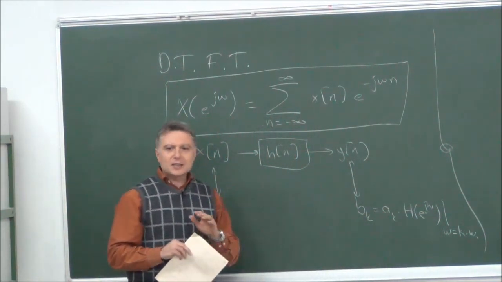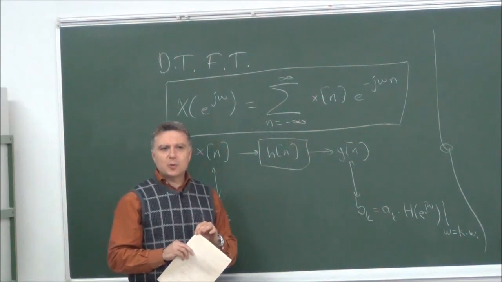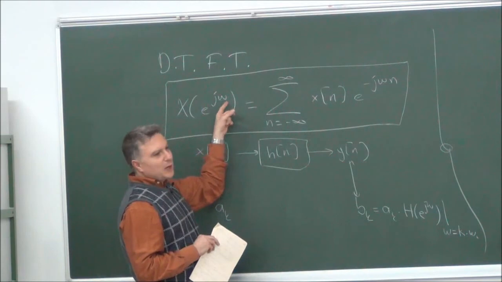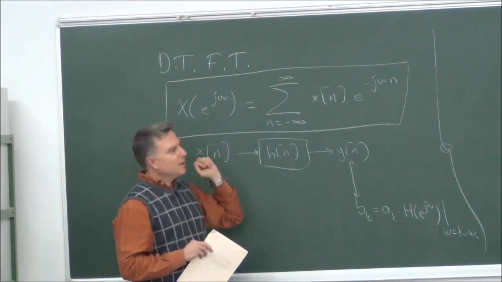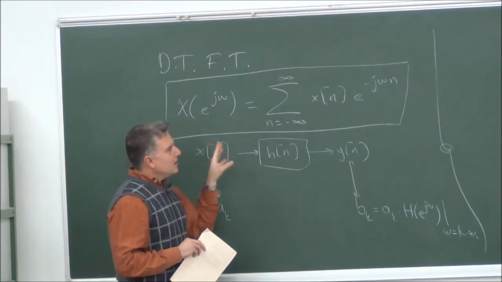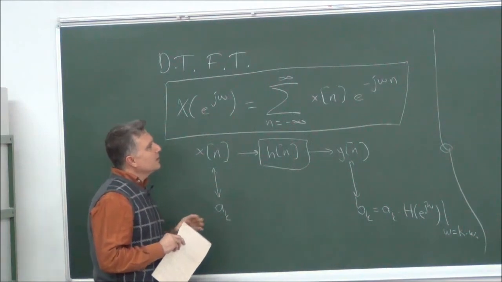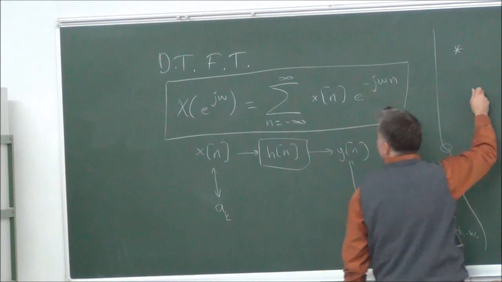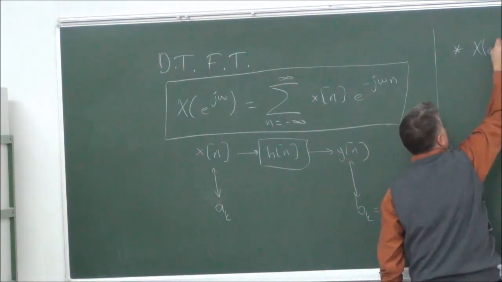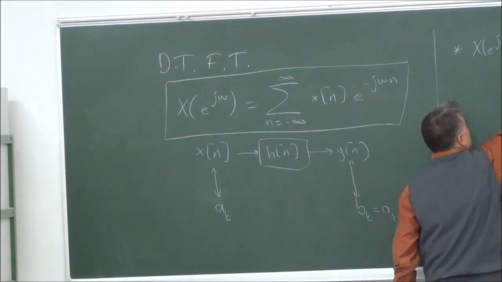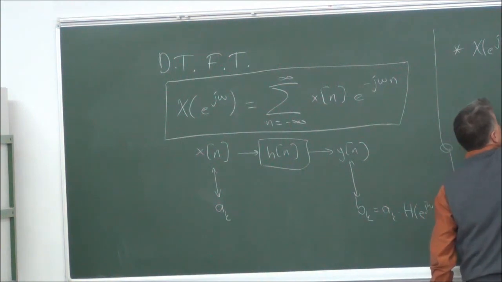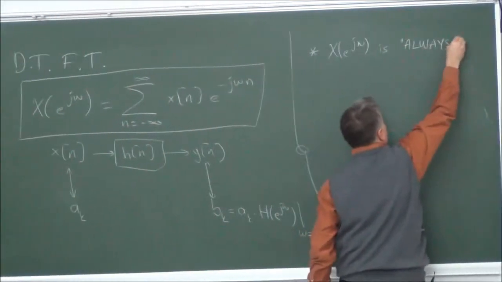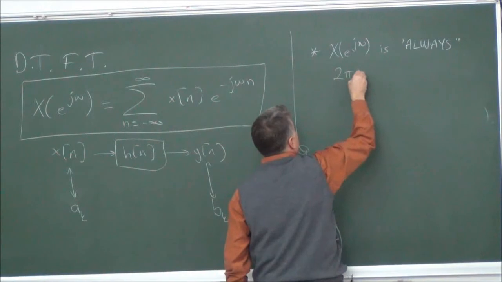As a matter of fact, that's why we write it as h of e to the j omega, not as h of j omega. Because e to the j omega is 2 pi periodic by omega. And as a result, the most important observation we must repeat is that e to the j omega is always 2 pi periodic.